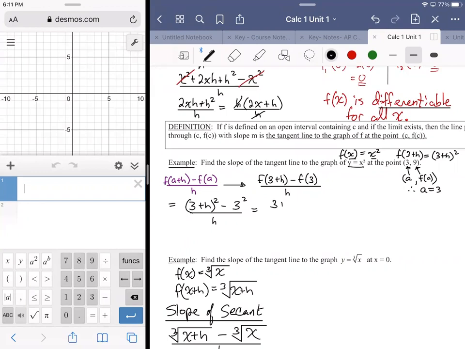This is the same as saying (3 plus h) times (3 plus h) minus, well, this is clearly a 9, over h. Distributed further, 9 plus 6h plus h squared minus 9 over h.